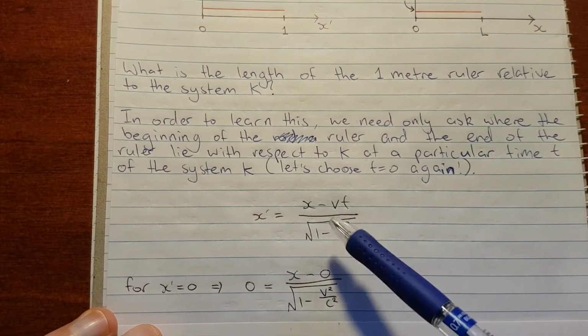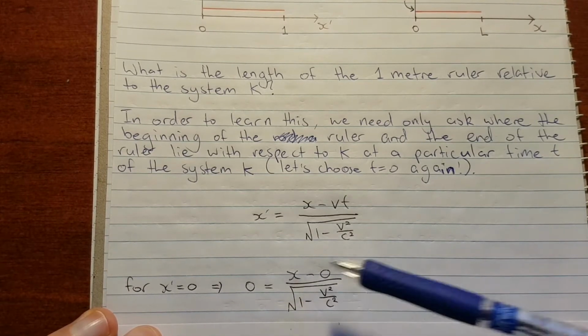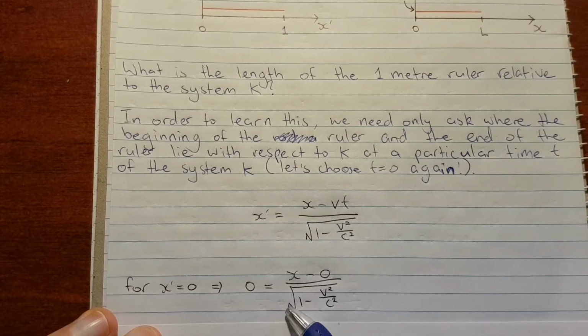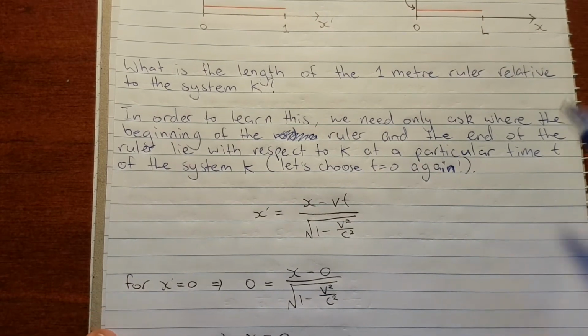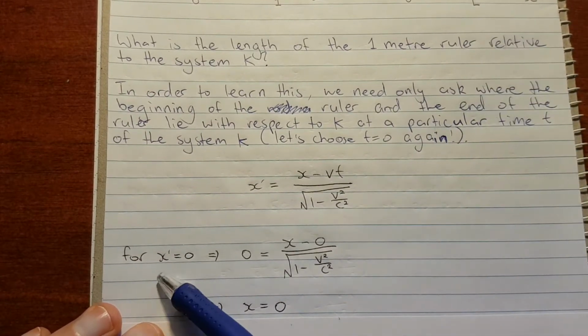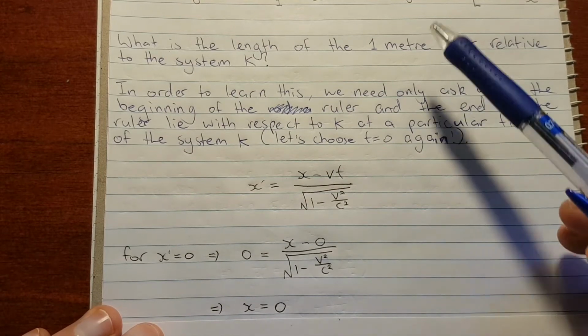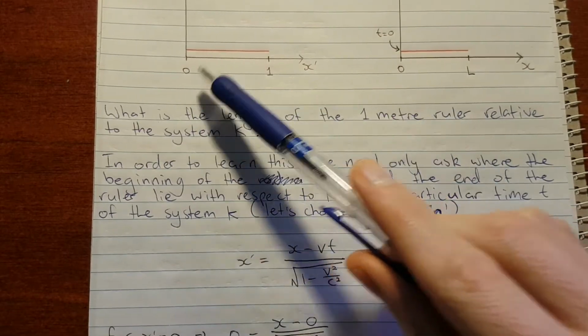But this t could be anything, and we'll show that later. So we get x minus 0 divided by all of this. If we multiply both sides by the square root term on the bottom, we get 0 times this square root term, which is just 0, and we're left with x on this side, so x equals 0. So x primed equals 0 corresponds to x equals 0 in our K system, just like we have written here.